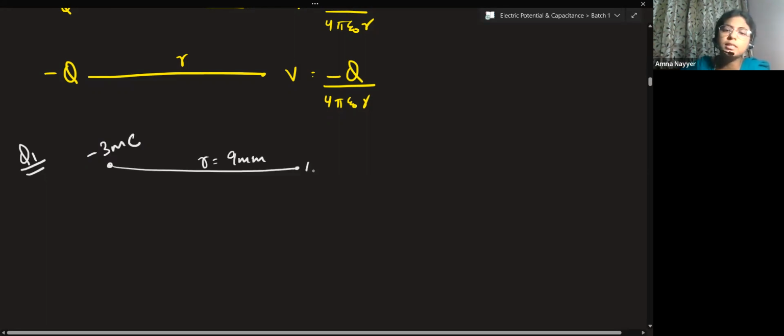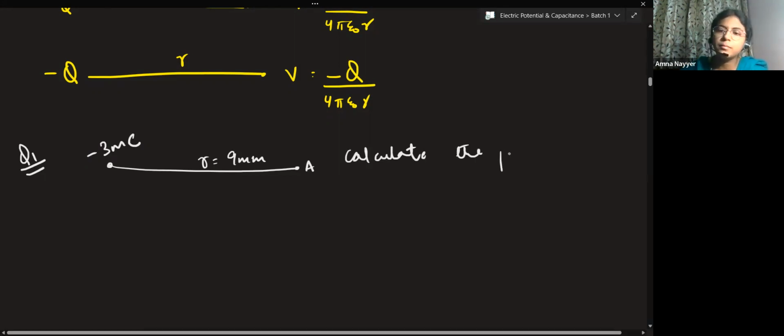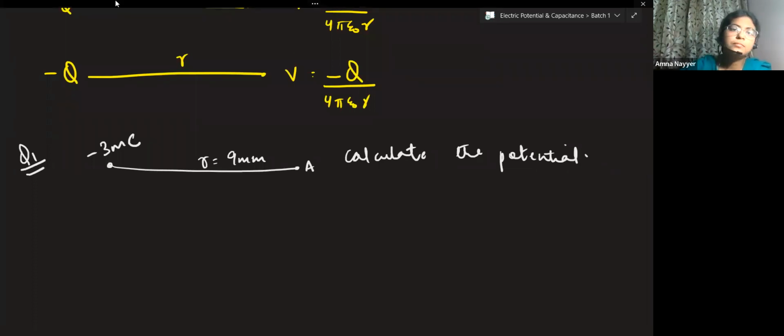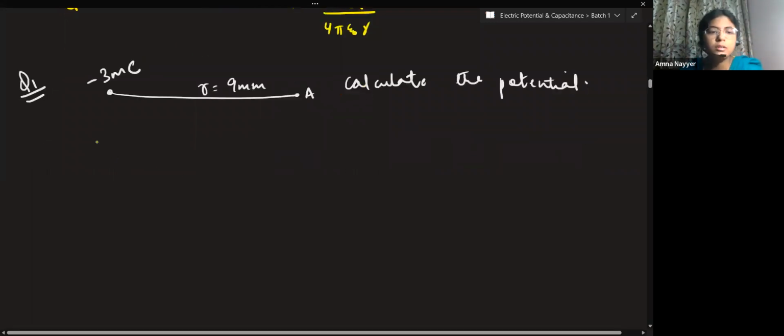So V is equal to what? V is equal to K Q divided by R. This is the formula for potential.